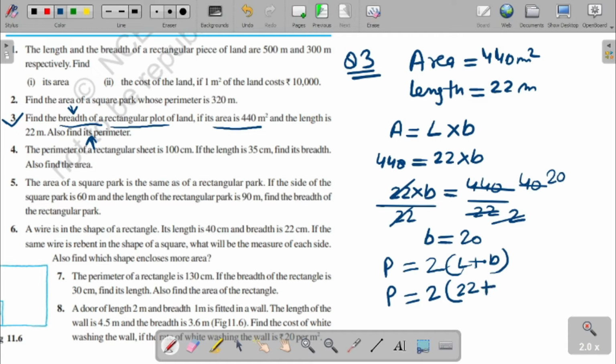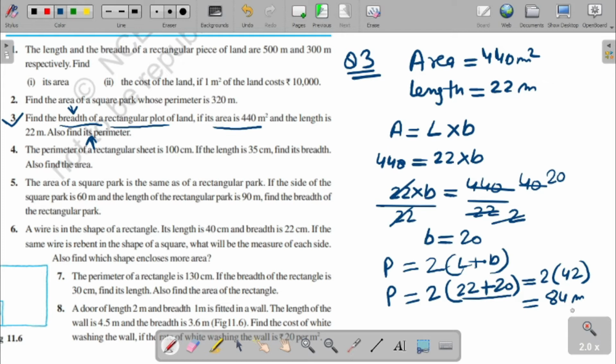In place of B, we write 20. So in the bracket, if we add these two, you will come to know this is 42. If you multiply by 2, it will come as 84 meter. This is the perimeter of the rectangle.